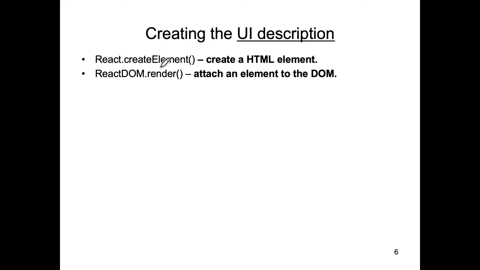So if you attach something new to the DOM, which using React we can do by using this method here, then by changing the DOM, the browser will reflect that change in what it displays on the screen.